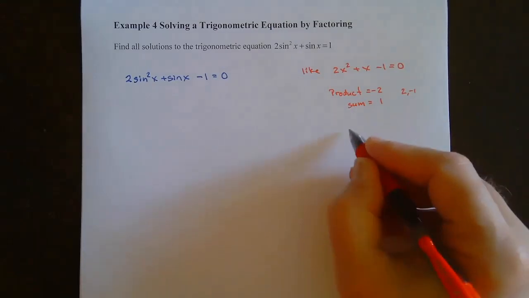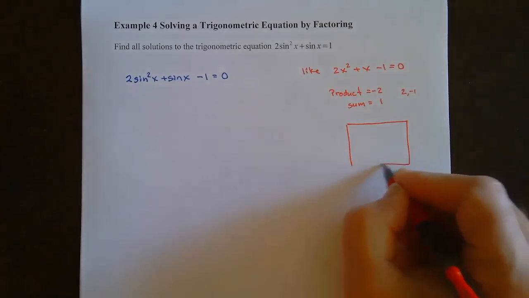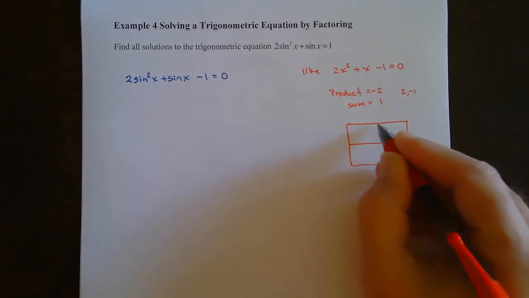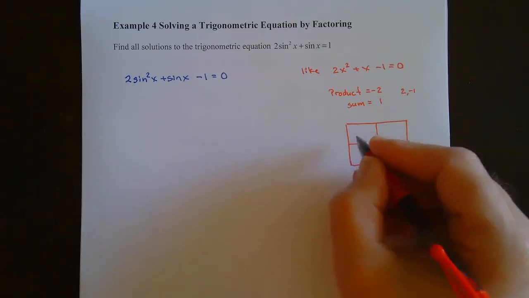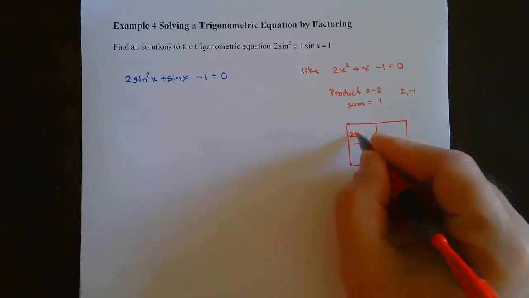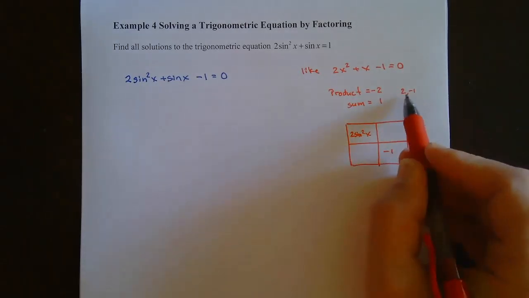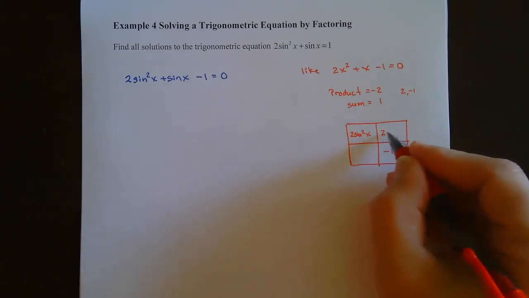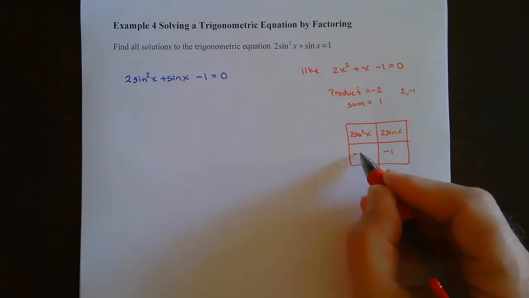Okay, so I'm going to make my area model. We've got to make it a little bit bigger than normal, because we've got to write trig functions in here. So this is 2 sine squared x, and this is -1, and then this tells me we're going to have 2 sine x, and here we're going to have a negative sine x.